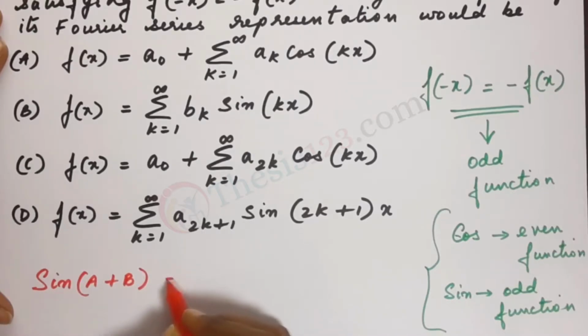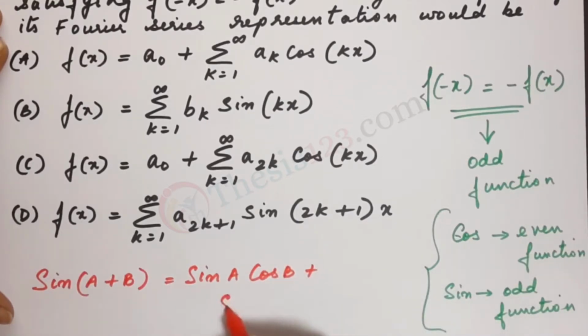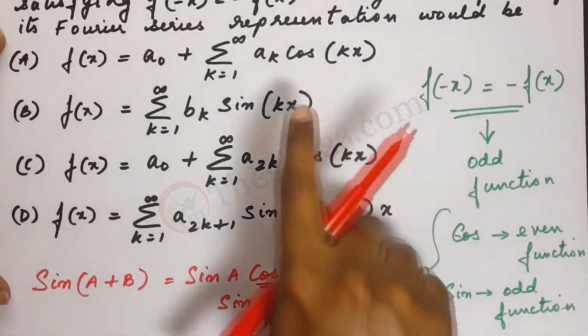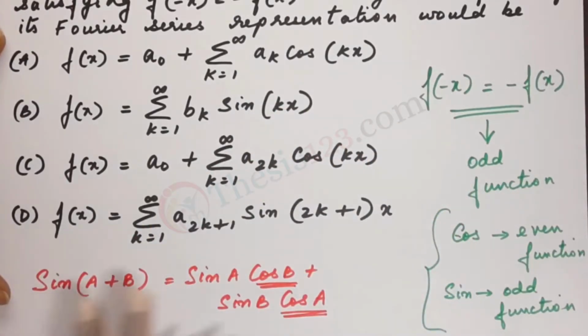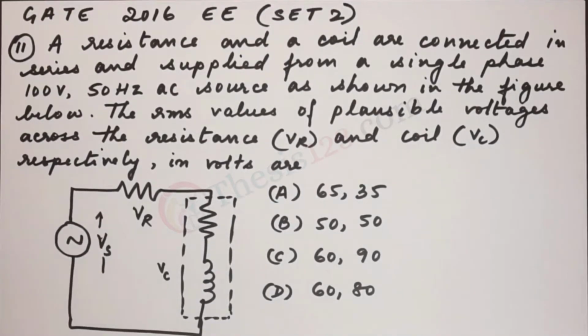So sine of a plus b is sine a cos b plus sine b cos a. So here we have a cos b term, we have a cos a term, which means that there is a cos term, and a cos term is an even function. So we are looking for just a sine function, which means that option B is right. Option D is ruled out. Option B is the right answer. I hope this generalization has helped. Here's the next question, number 11.